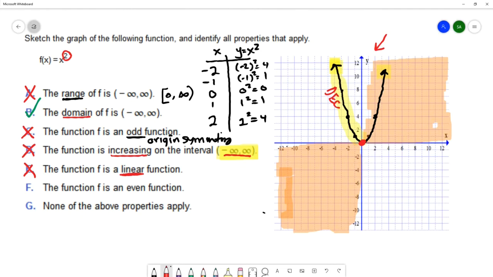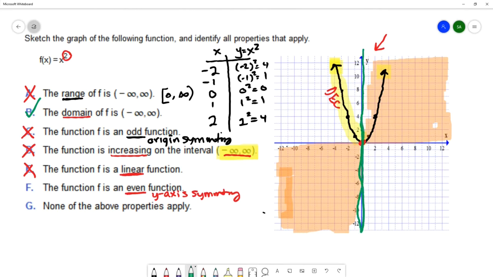The function f is an even function. That's the next one. And even functions will have y-axis symmetry. So when I'm looking for y-axis symmetry, I'm looking to have a mirror image that goes over the y-axis.